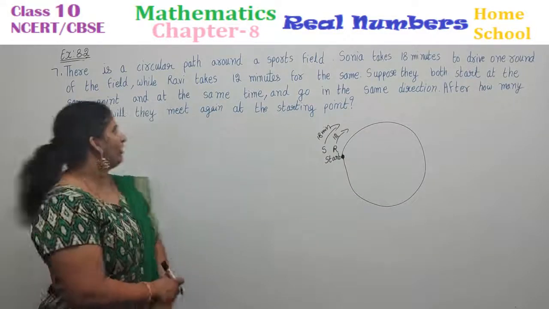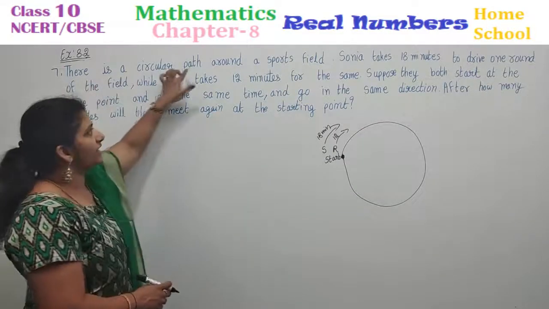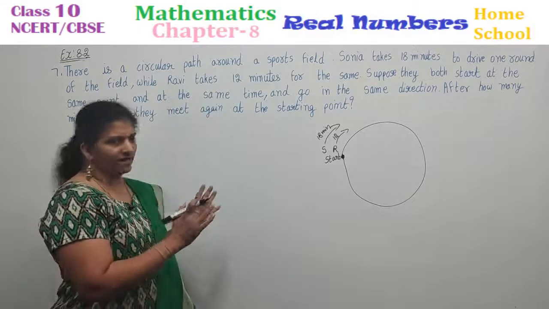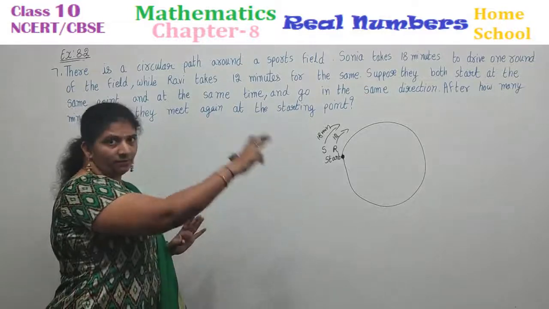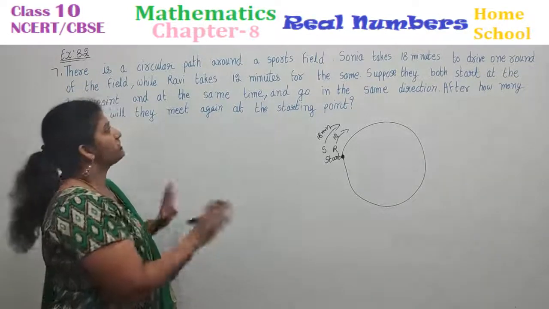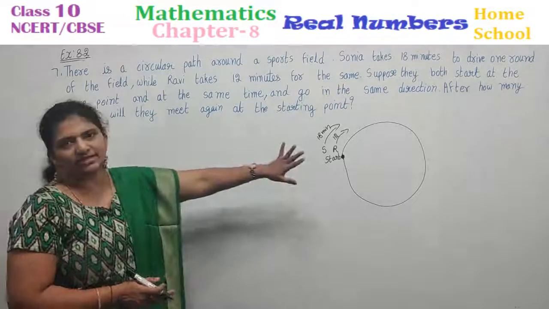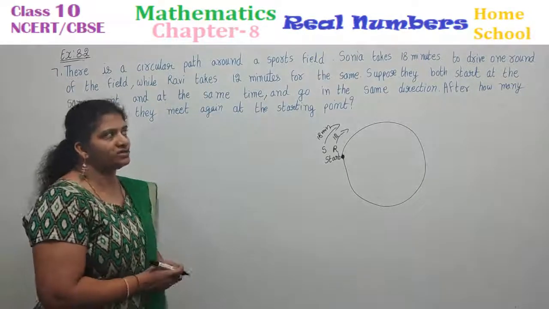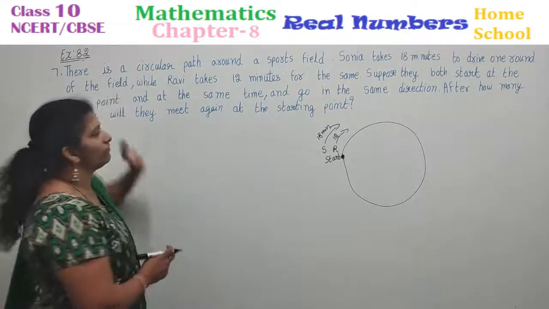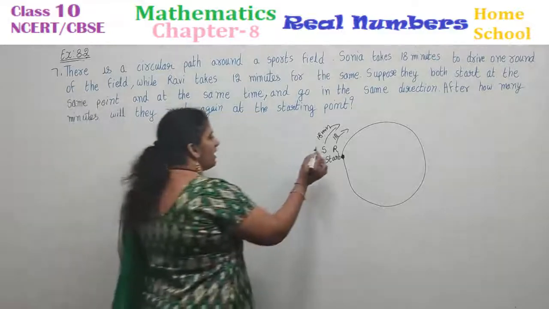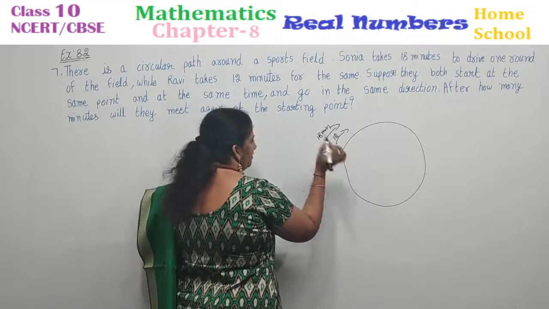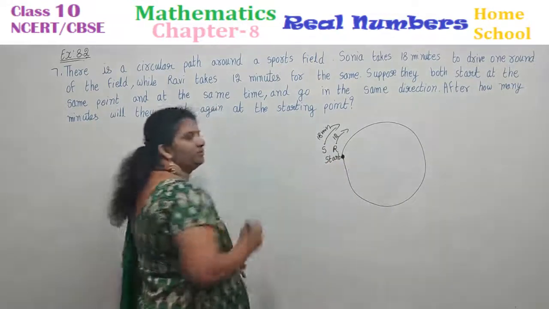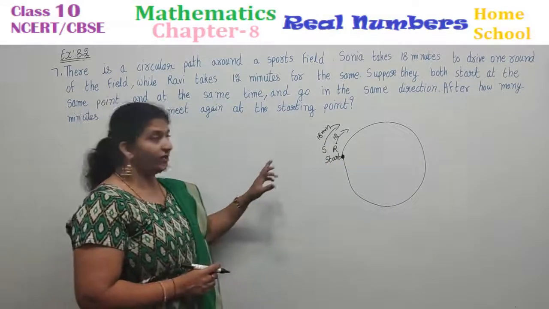That is the 7th problem. There is a circular path around a sports field. Let us imagine. You can see the circular path around the sports field, children. Sonia takes 18 minutes to drive one round of the field. So let's mark here Sonia and Ravi. So starting point I am assuming here. Right? They are driving.